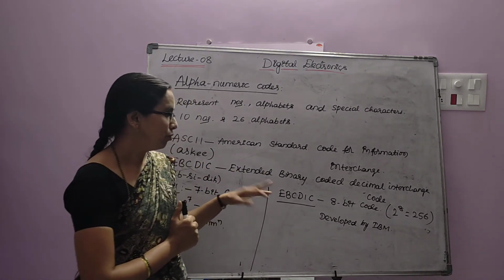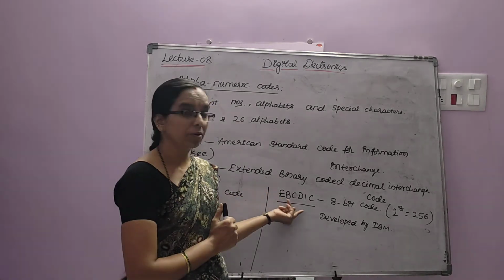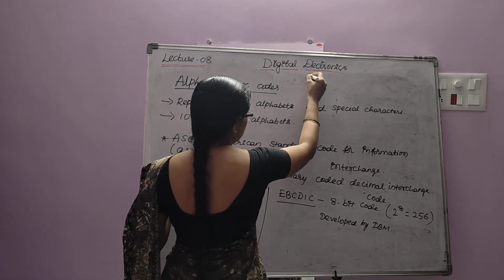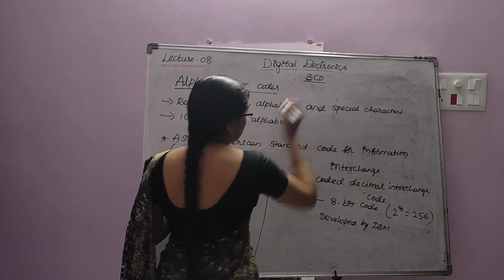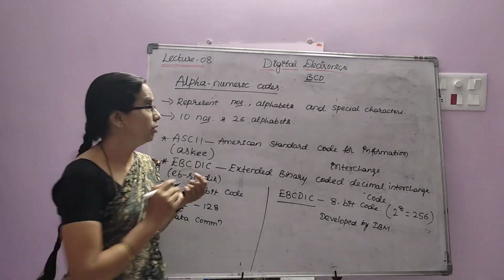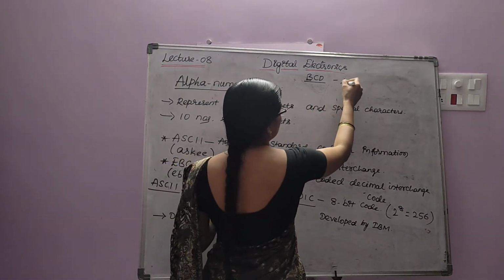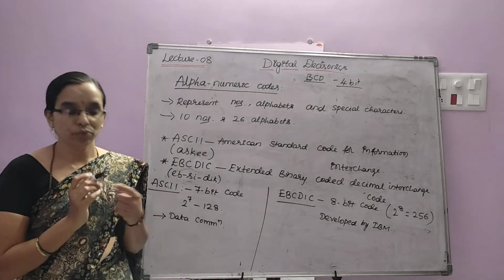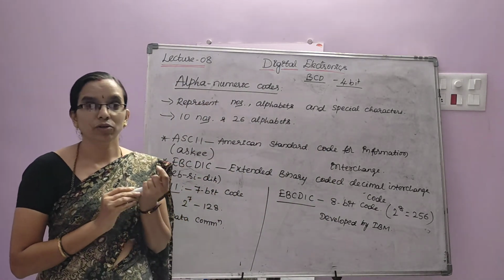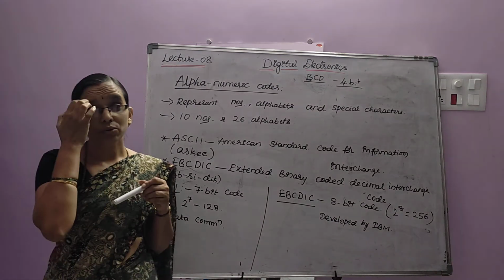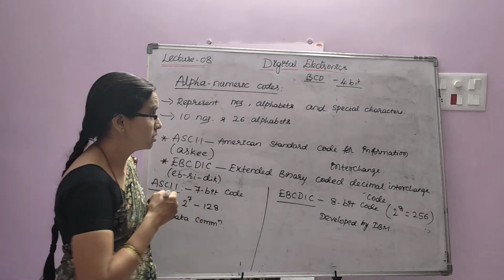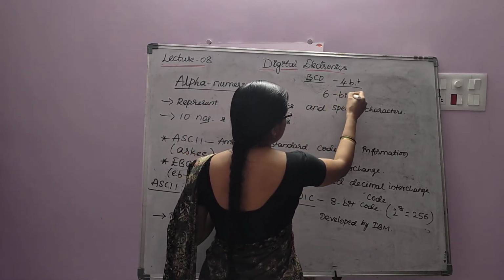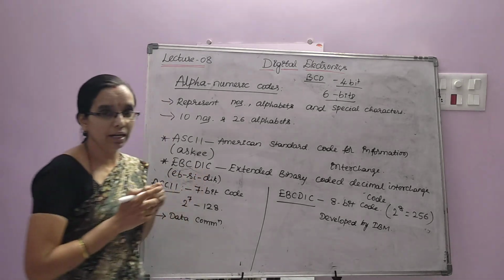Before EBCDIC was developed, there was another code, the extended BCD code, where BCD codes were 4-bit codes, by which we can represent 2 power 4, that is only 16 different combinations. So they extended these 4 bits to 6 bits, and the 6-bit BCD representation arrived.